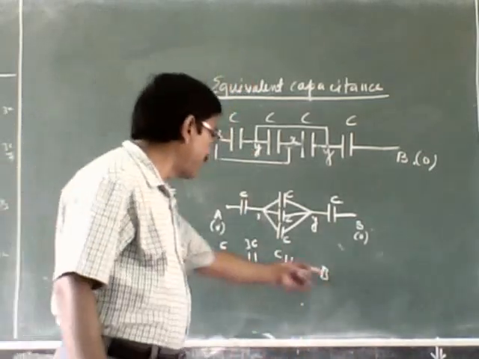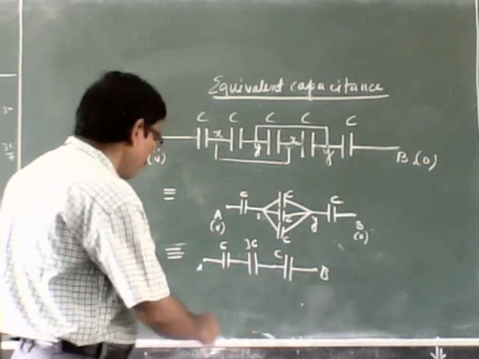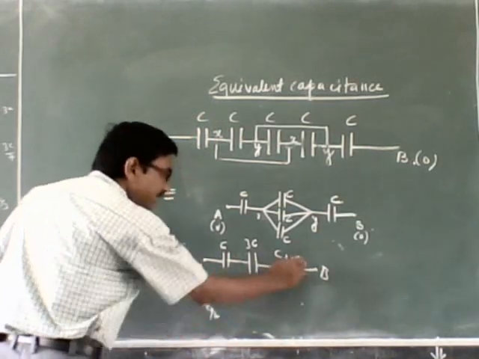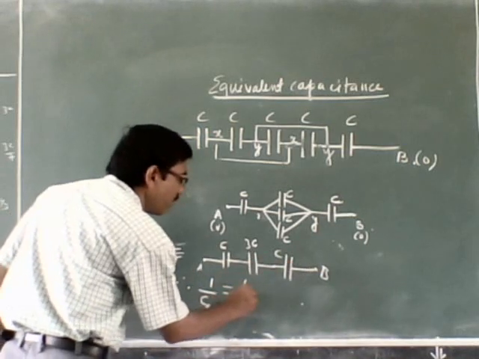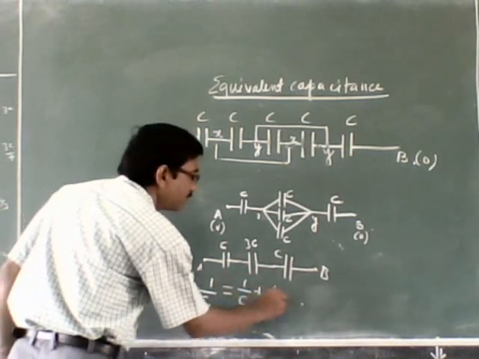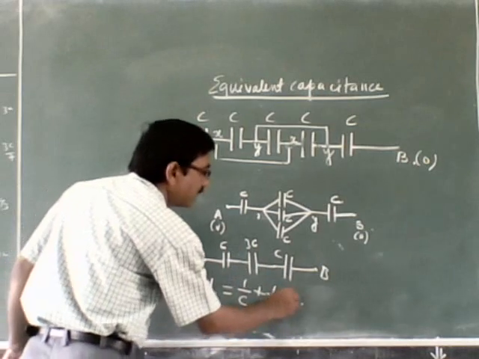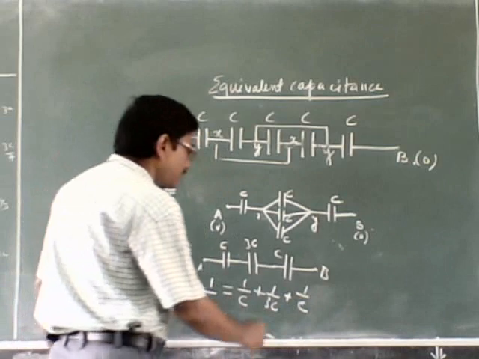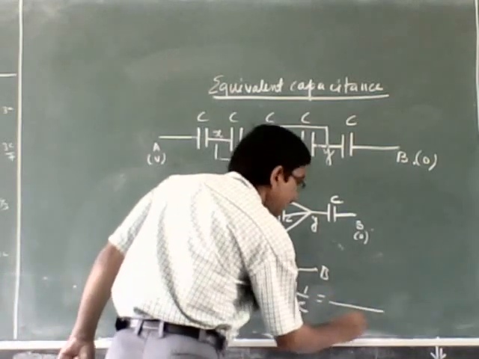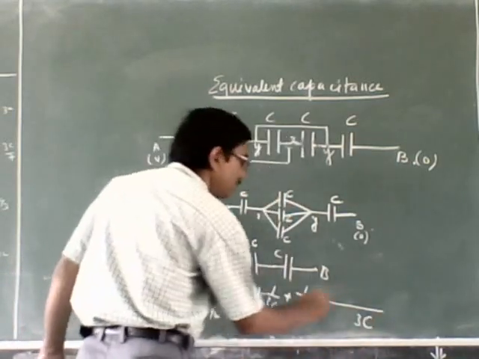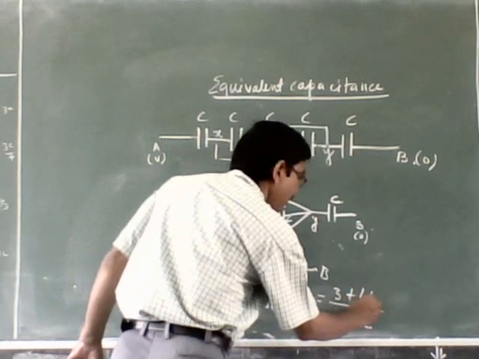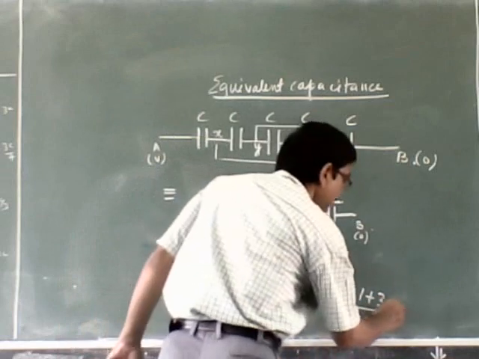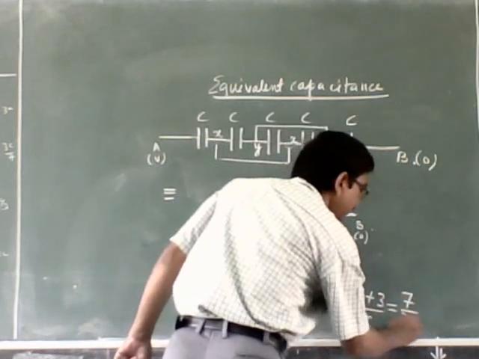So what will be the equivalent capacitance now? As they are connected in series, 1 by C equivalent is equal to 1 by C1 plus 1 by C2 plus 1 by C3. This is equal to 1 by C plus 1 by 3C plus 1 by C, so 3 plus 1 plus 3, meaning 7 by 3C.